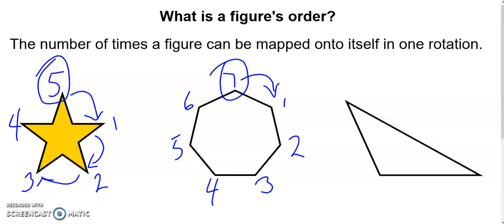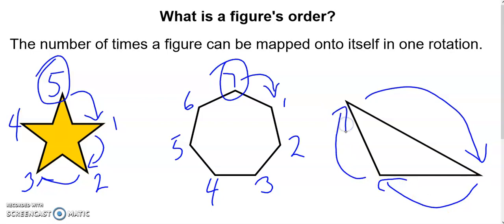And the triangle, if I turn it to here, does it look just like that? No. If we match those corners up, no. So it only has an order of 1 because I have to turn it one complete time to get it back to the start. And if it has an order of 1, it does not have rotational symmetry.